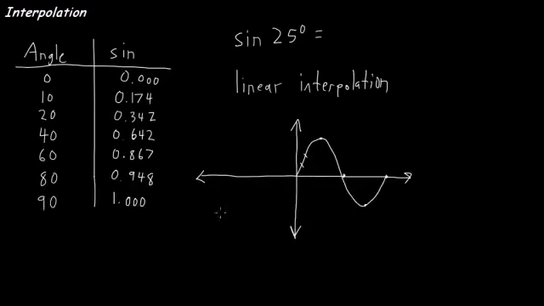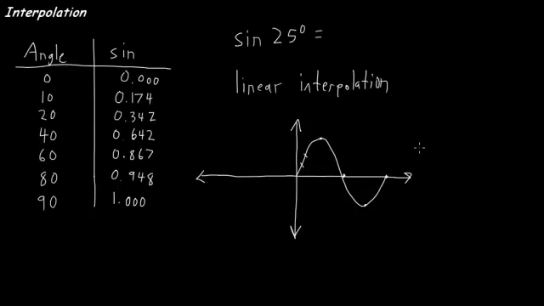So even though we only know this table, only 7 angles from 0 to 90 degrees, you could imagine splitting that section into 7 separate lines, and it would fairly closely approximate the shape of that curve. That's the idea behind linear interpolation. As long as you have enough points to capture the behavior of the function, you can get fairly close with linear interpolation. You don't need to do more advanced interpolation.